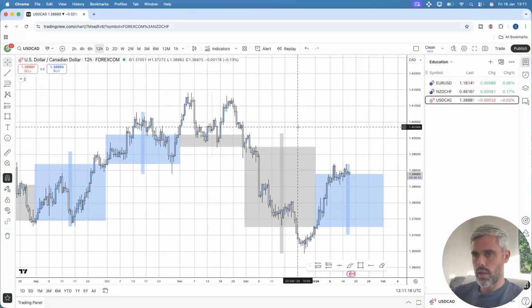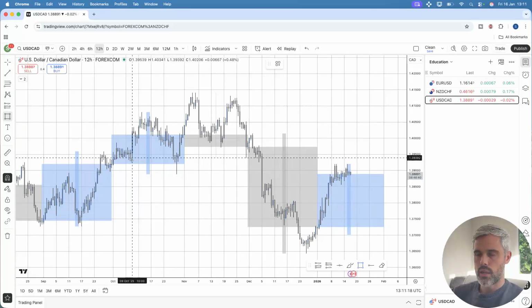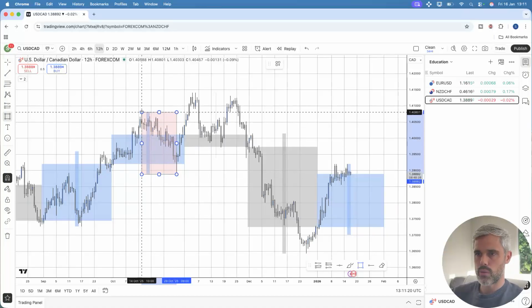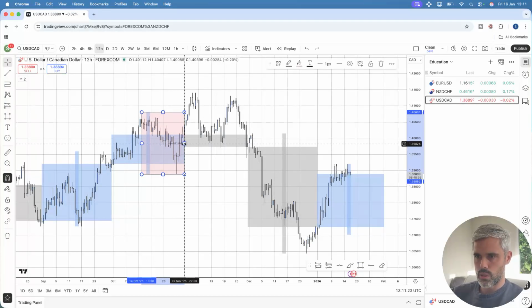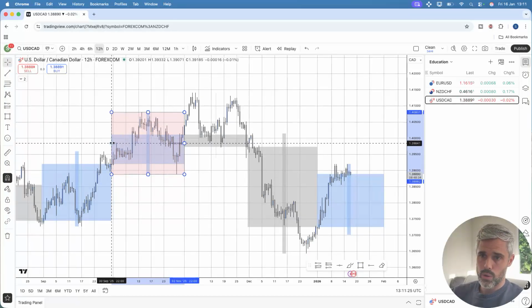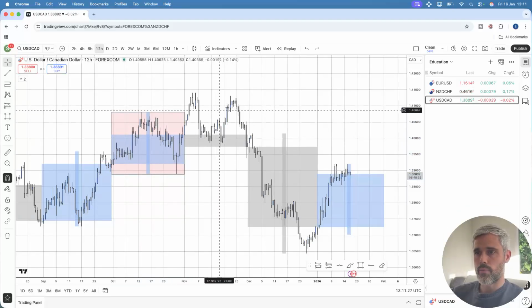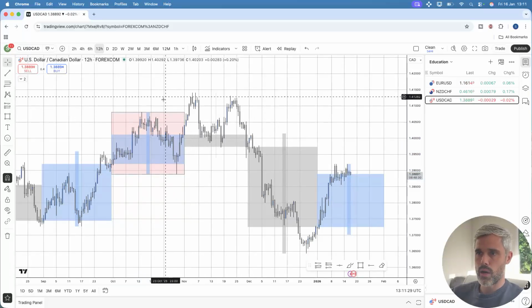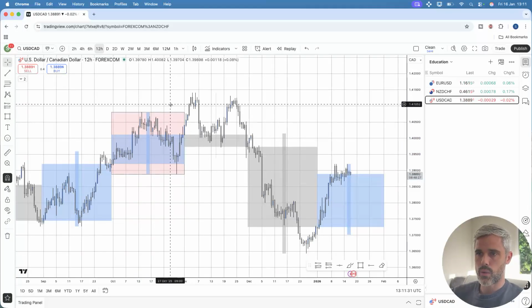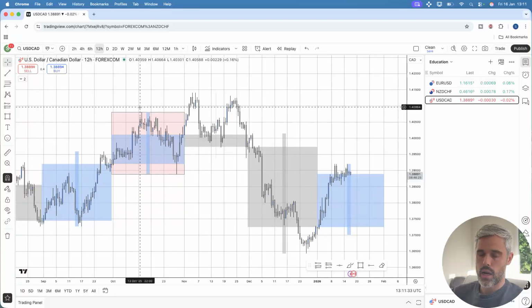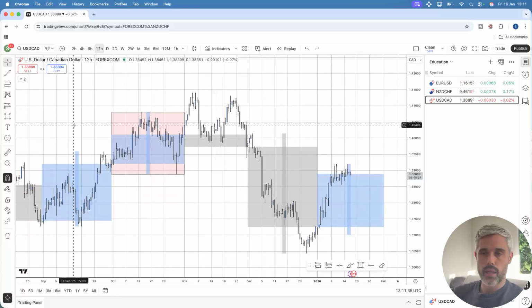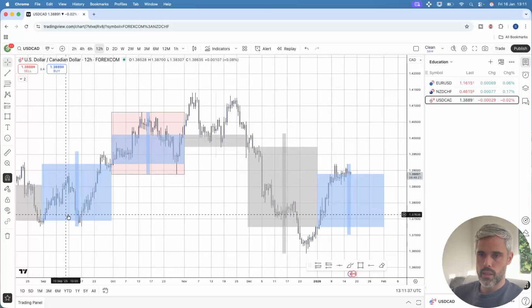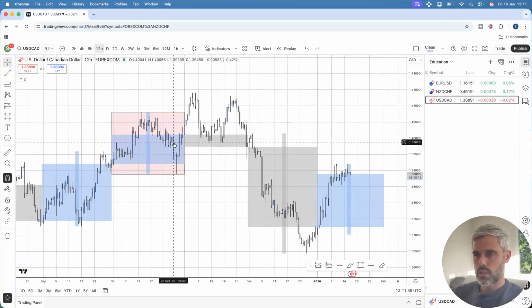So on USD CAD right here, we have again the close of a candle that we can use to assume, or start to predict, bearish price action targeting the external range liquidity that sits above its high. So initially we get a monthly candle close, bullish. So at this point we're expecting higher prices.